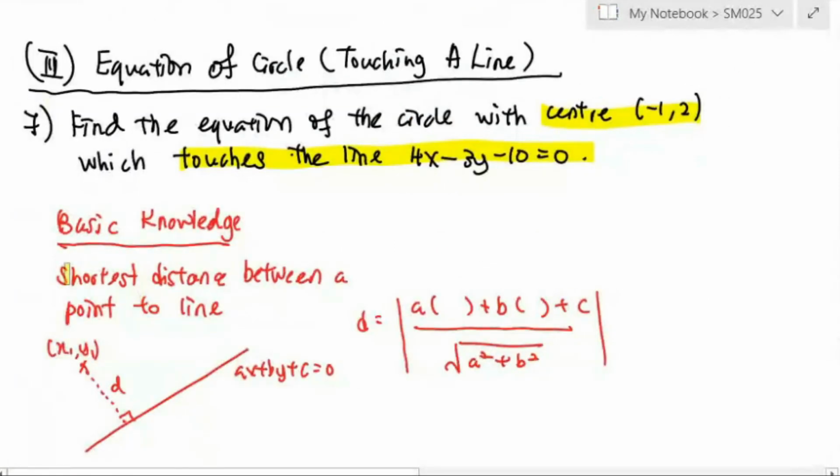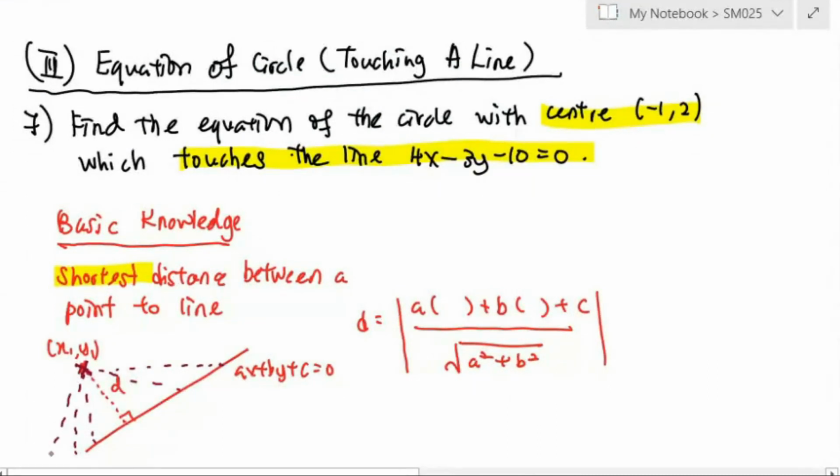Why do you have a term like shortest distance? Because from a point to a line like what I drew here, this is my point and this is the line. The distance from a point to a line can be like this, it can be this. It can be observed in many ways.